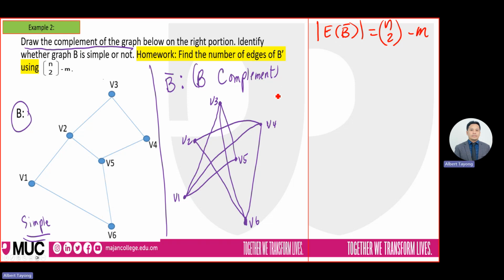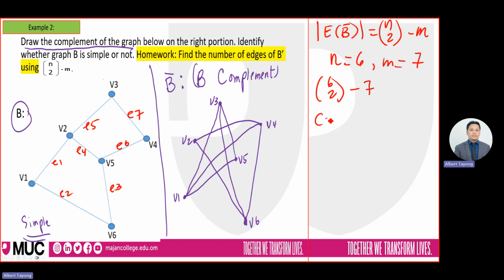Okay, so we have n: 1, 2, 3, 4, 5, 6, and our m we can label 1, 2, 3, 4, 5, 6, 7. So you have 7 edges there. So this will be 6 choose 2 minus 7. In the calculator, it's going to be 6 nCr 2 minus 7. So basically, this is actually 15 minus 7 is equal to 8.